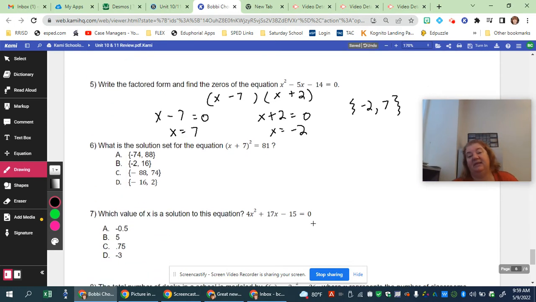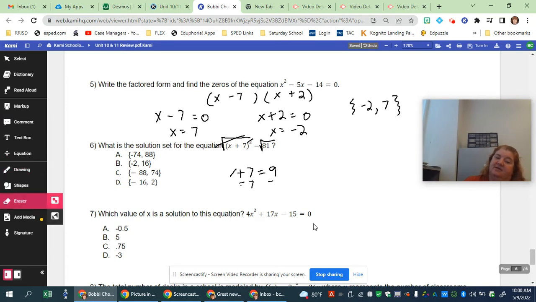This one, the minute I see a square root and I know that this is a perfect square, I'm going to take the square root of each. So then I just get x plus 7 equals 9. See that? Because the square root of this is x plus 7. Square root of this is 9. Then minus 7. But you have to do, hold on, let me show this better.